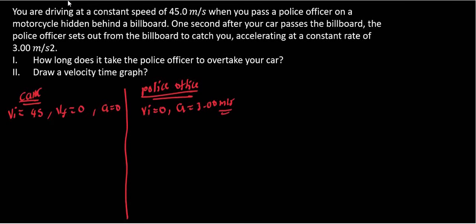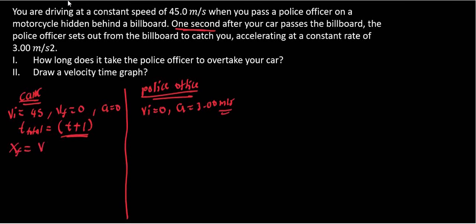So how do we calculate the time here? You left the police officer after 1 second, so for you, you need to calculate the total time. The total time will be t plus 1. That 1 second, if we had 2 seconds here, we could have put 2. But here we have 1 second, so we just put 1 there. So you have to say t plus 1. That is the total seconds. Here the acceleration again is equal to 0, meaning which formula are we supposed to use?